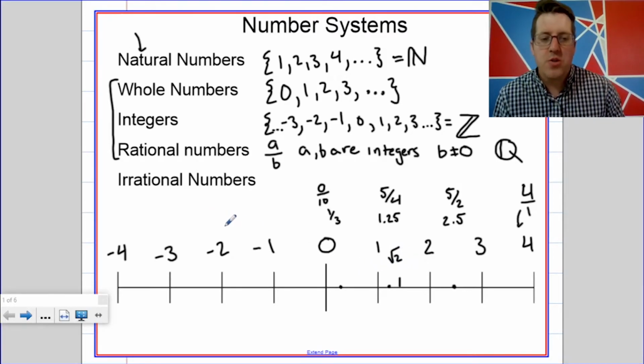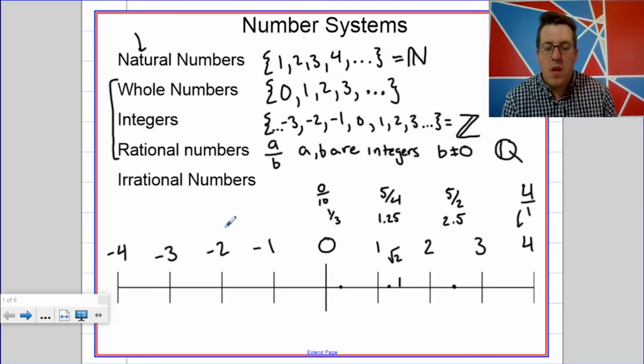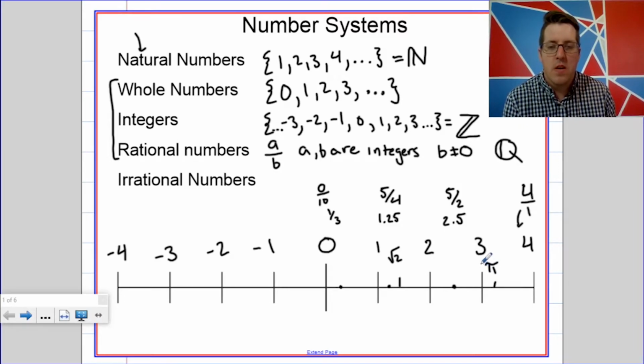Now, irrational numbers, this is important, are numbers that have as their decimal part non-repeating, non-terminating decimals. Pi, for example, is another one. You know that pi goes on forever with no pattern, right? So if something is a rational number, it's not an irrational number, and vice versa.